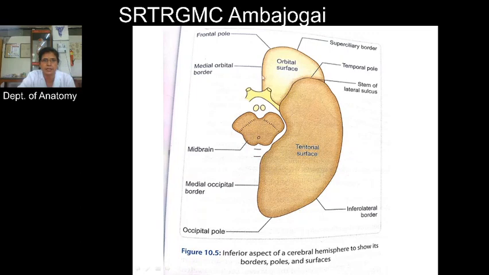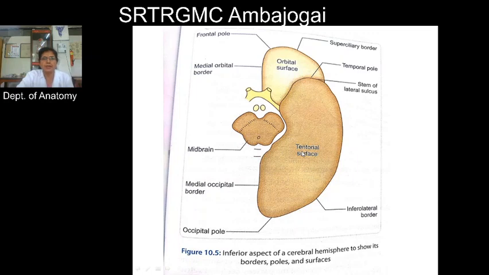So the medial orbital border forms the medial border of the orbital surface, and the medial occipital border forms the medial border of the tentorial surface. So this is about the poles, borders and surfaces of the cerebral hemisphere.